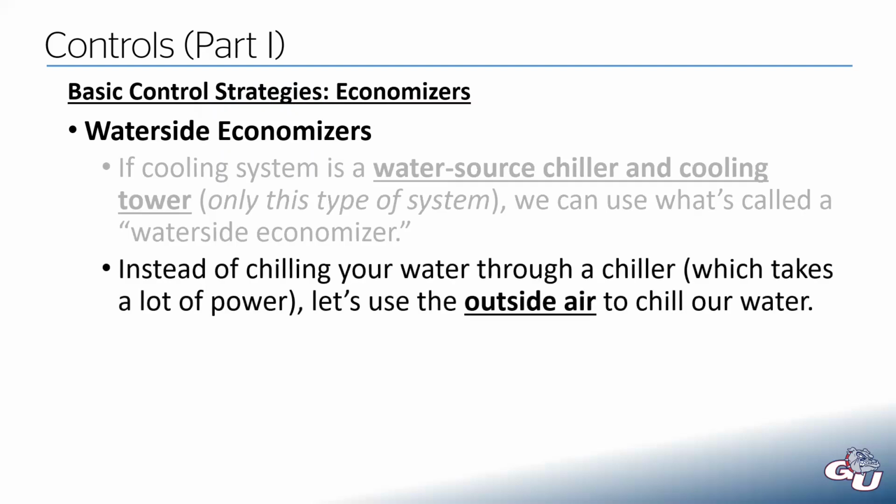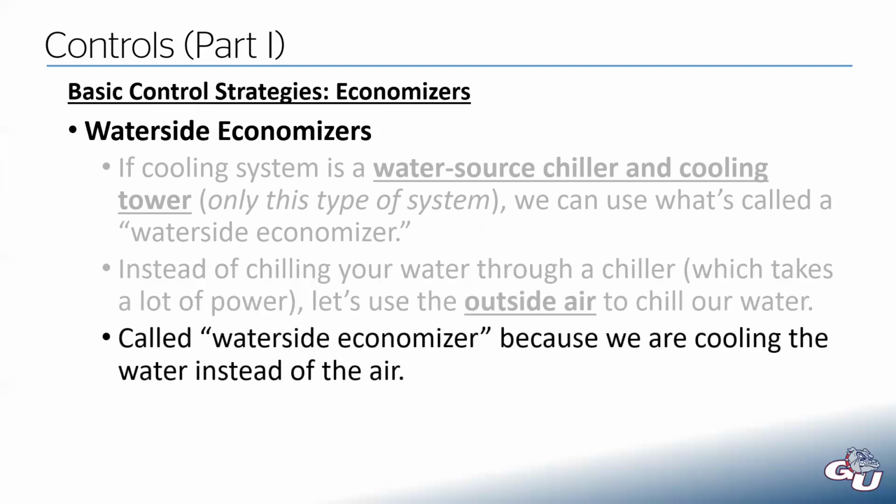Instead of chilling your water through a chiller, which we know takes a lot of power, let's use the outside air to chill the water. So it's called a water side economizer because we're cooling our chilled water instead of the airstream directly as we would with an air side economizer.